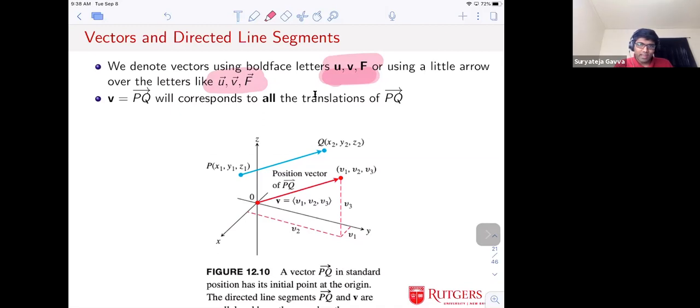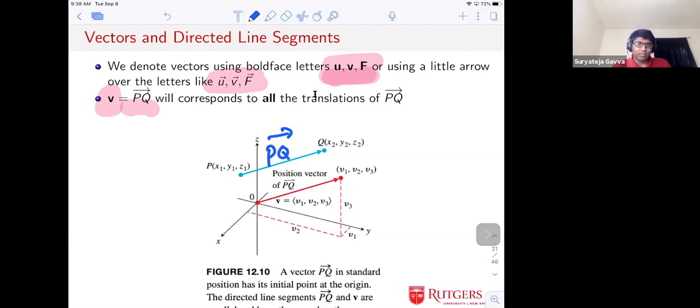In most of my notation, I'll be using boldface letters. So V is this vector PQ. If it is vector PQ, that means I'm caring about this direction PQ. Understanding this vector is the same as understanding every other vector equal to it. I can shift it so that P becomes the origin and you get this other vector, with R as this point.